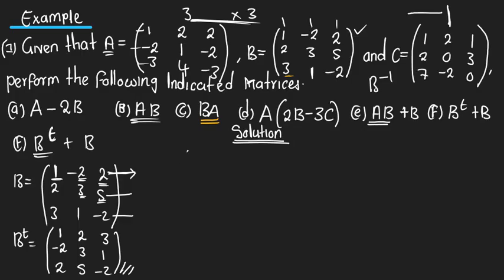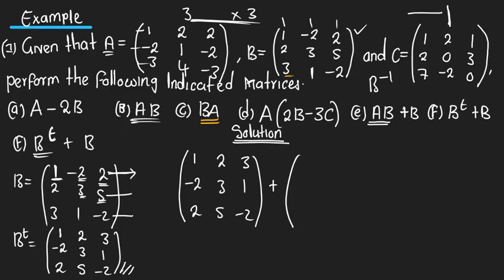Now, this same B transpose, 1, minus 2, 2, then 2, 3, 5, then 3, 1, negative 2, add it to the original B, which is 1, 2, 3, then negative 2, 3, 1, then 2, 5, minus 2.